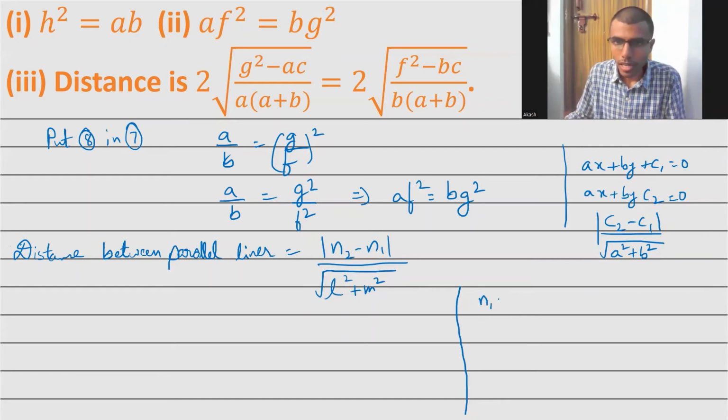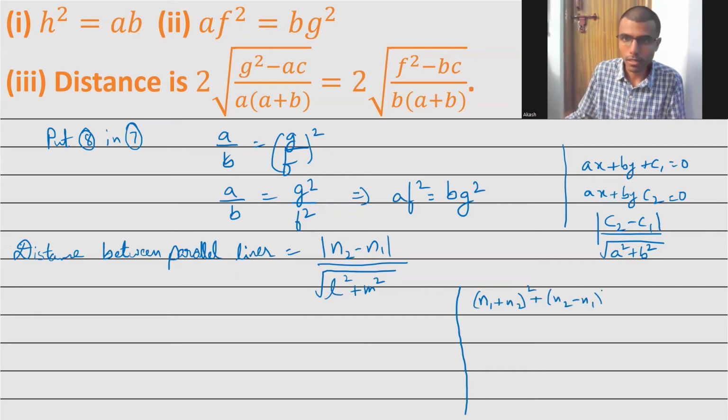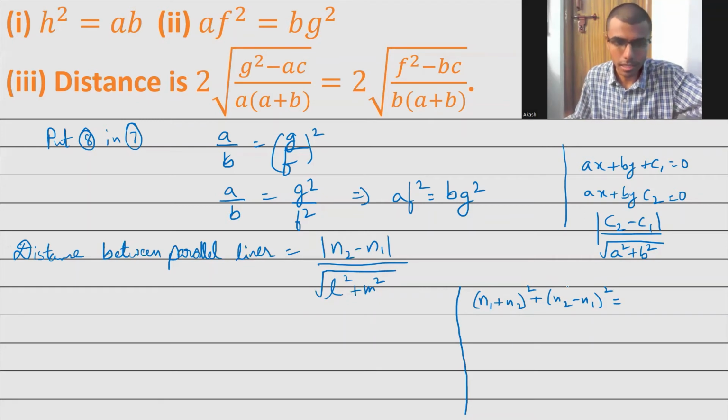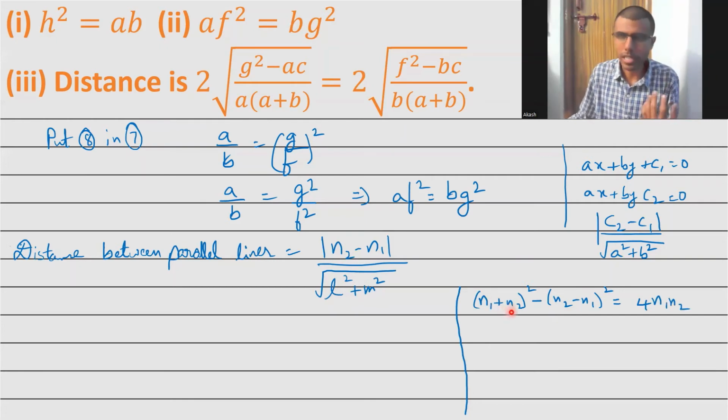So (n1 plus n2) whole square plus (n2 minus n1) whole square is nothing but, it's not, okay, fine, I need to do minus actually. Minus this is equal to 4n1n2. This is very basic: the a plus b whole square minus a minus b whole square formula.